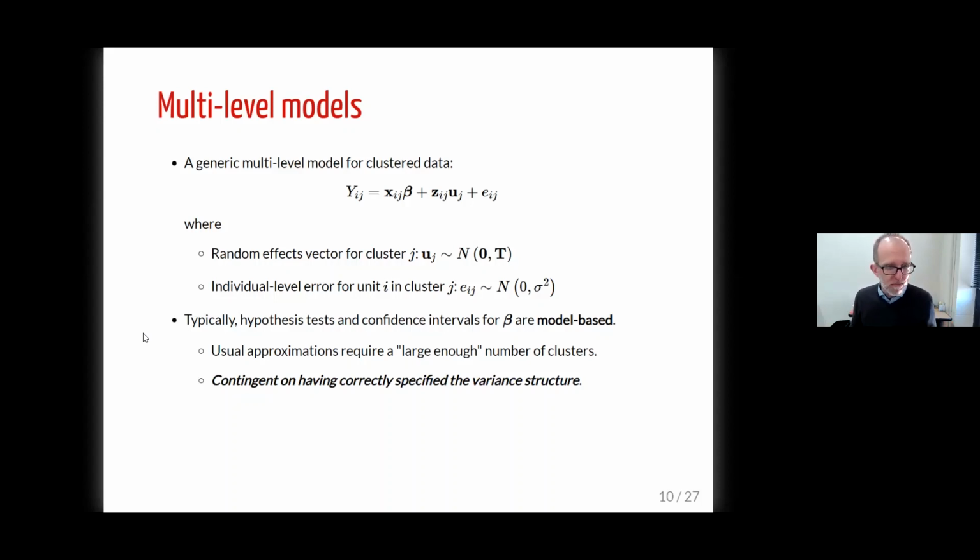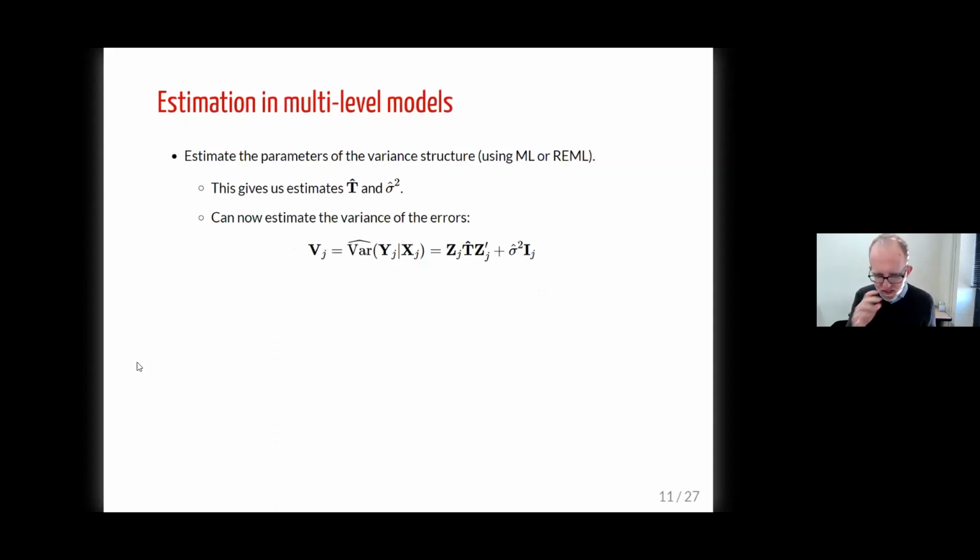We'll need this if you want to follow the technical details of the sandwich estimator. You can think of multi-level models as being estimated in two parts. The first part, we estimate the variance components, the parameters that have to do with the random effects structure and the individual level variance structure.